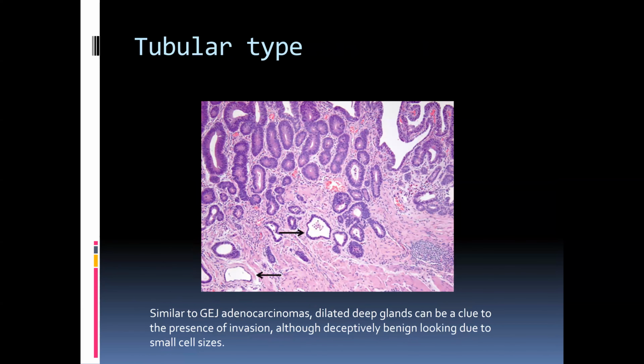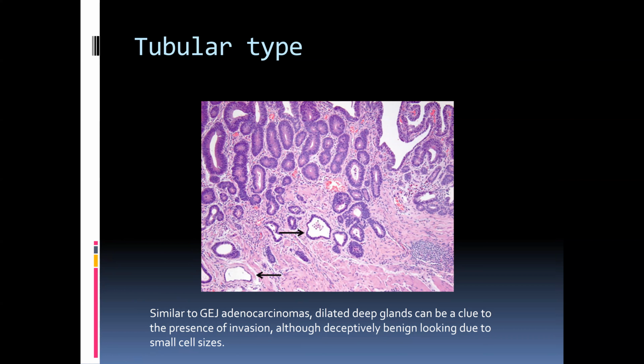So let's come back to the tubular type. It also has its subtleties. Particularly at the GE junction, it can be a very challenging diagnosis because sometimes these tubules sort of just drift off down into the deeper structures, and they don't look terribly anaplastic or malignant, and they may just have sort of an adenomatous type epithelium, a low-grade dysplasia even overlying them.